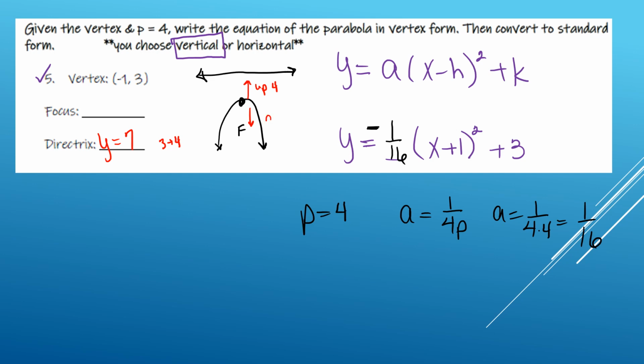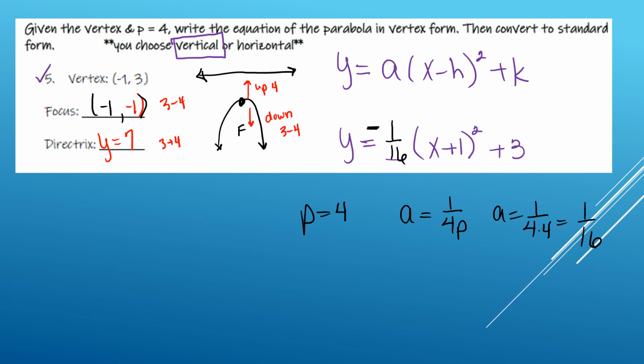So I'll have to take 4 away from that y coordinate, so 3 minus 4 would give me negative 1. So the focus is going to land at the point negative 1, negative 1. If I had chosen to open it up, the y values for focus and directrix would have just changed places. Same numbers, just in different places.